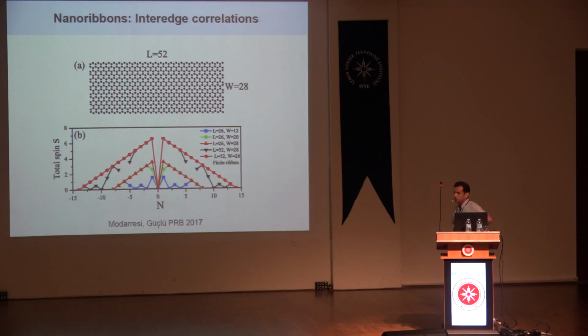Okay, so this was for one isolated edge. Now let's look at the nanoribbon, where we have two edges that can be coupled. Here again I'm showing the ground state total spin as a function of number of electrons. 0 here means charge neutrality.